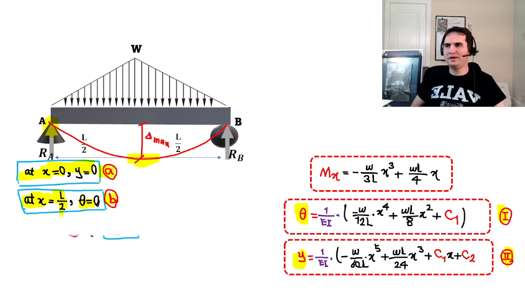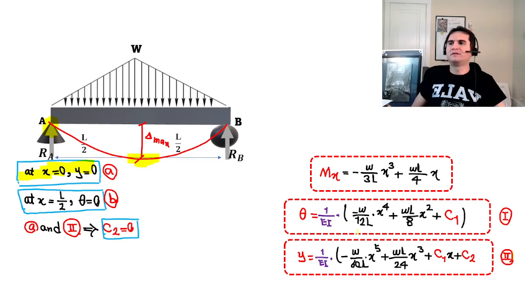If we apply these two conditions, replacing the first in equation 2 gives C2 equal to 0.